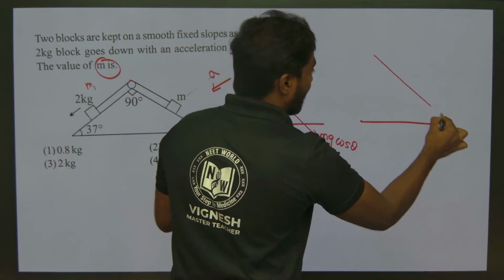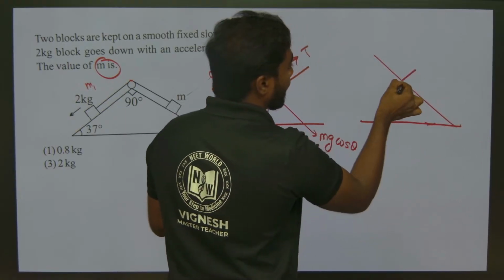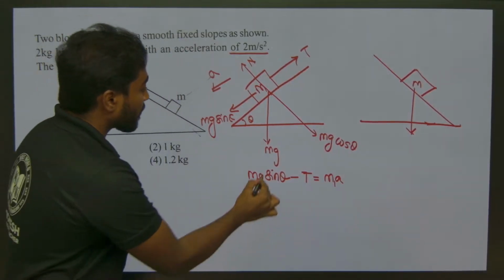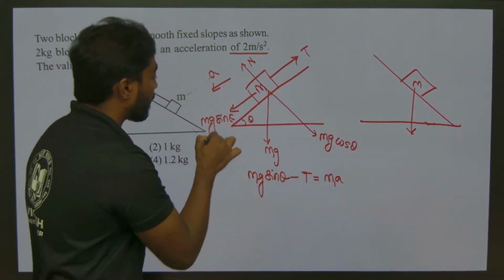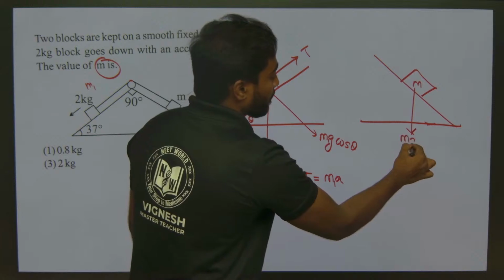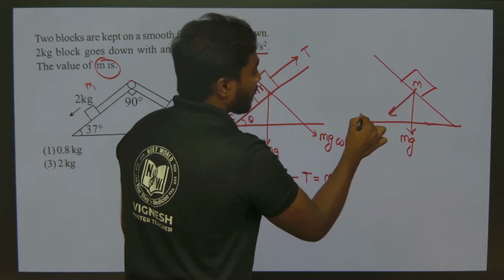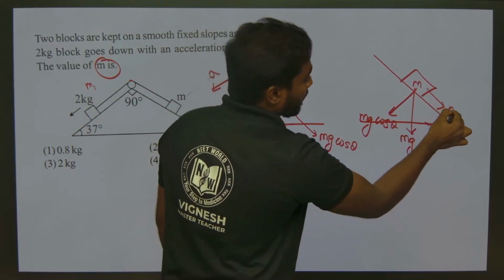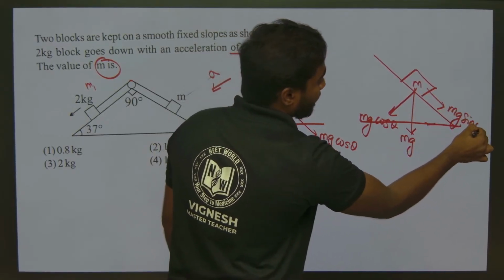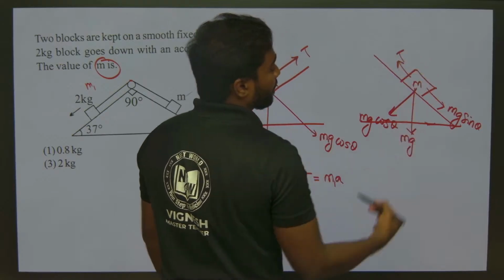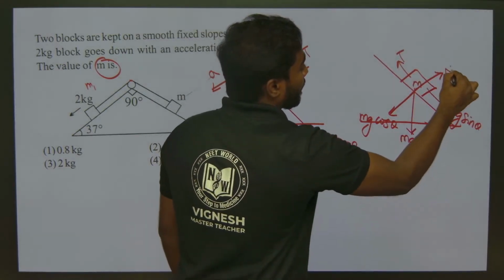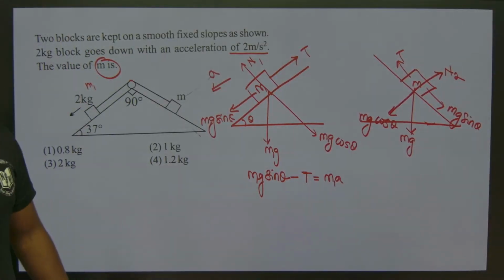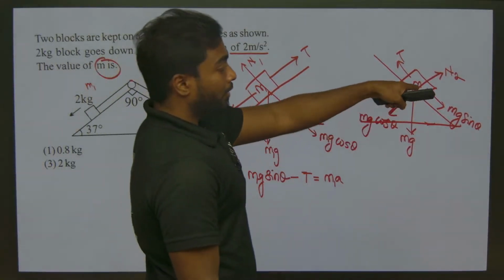This is the diagram for the second block on an inclined plane. So mg will be towards down. This is m and this is also m. So this is my mg cos theta, this is my mg sin theta, and this is my tension T. This is my normal N2, and I will take this as N1.